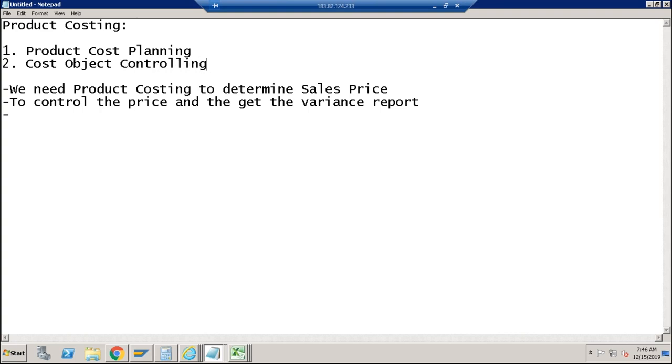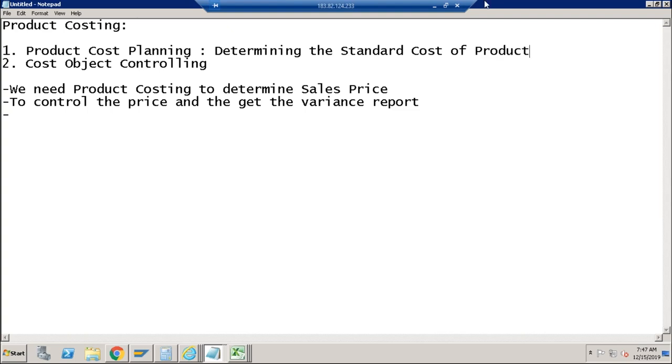What exactly are these two submodules within product costing? Number one, product cost planning means determining the standard cost of the product. We want to determine what is the standard cost of a product.